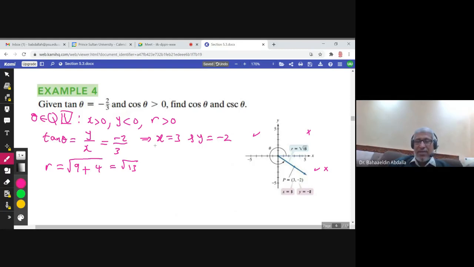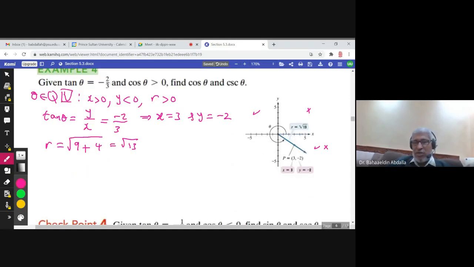Now I have x, y, and r, so I can find the 6 trigonometric functions of theta. For example, cosine theta is x over r, so it is 3 over square root of 13.